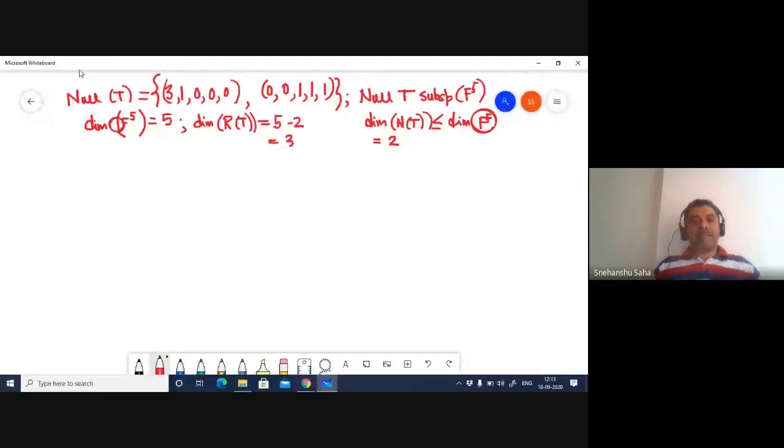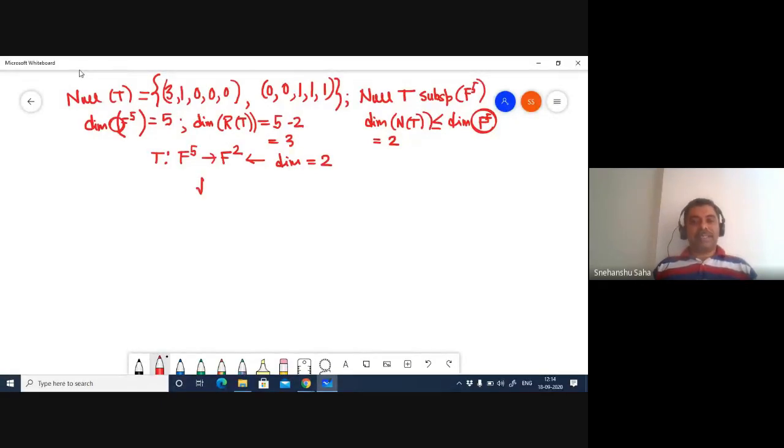Now we have this transformation from F5 to F2, and the dimension of F2 is 2. And the dimension of the range of T is 3.